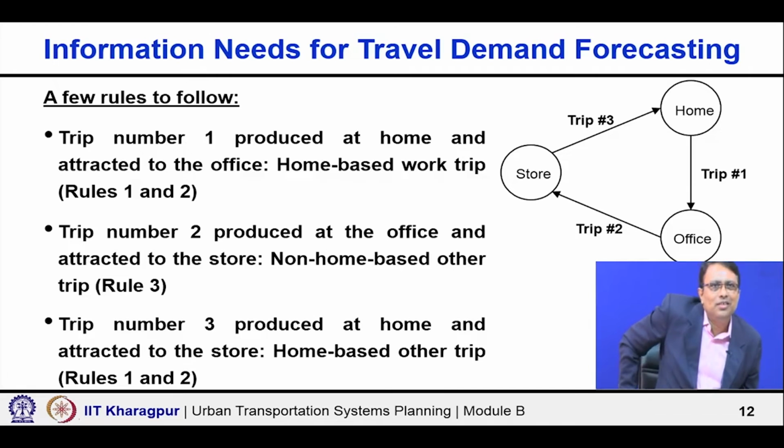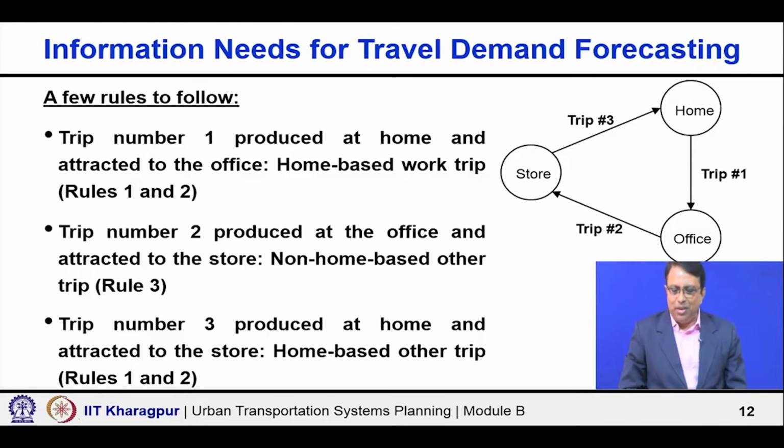Then let us consider a person who starts from home going to office, that is trip number 1, then office going to store and from store going back to home. So, 3 trips are made: home to office, office to store, store to home.